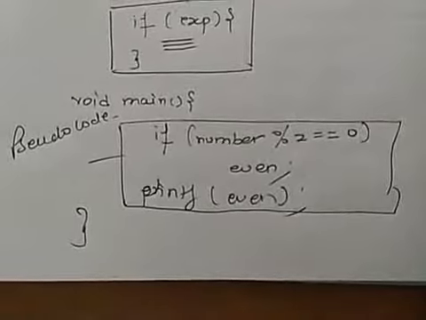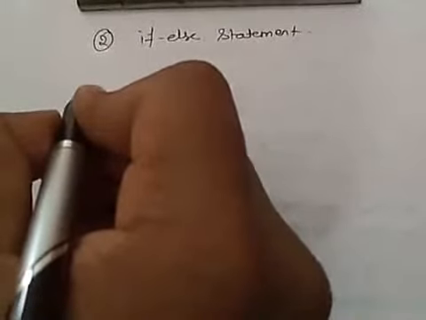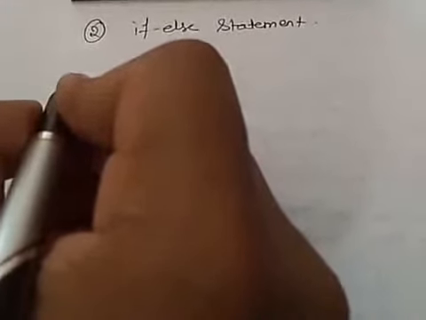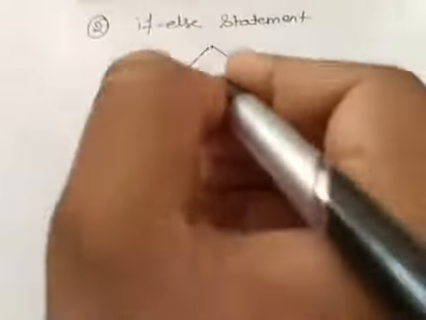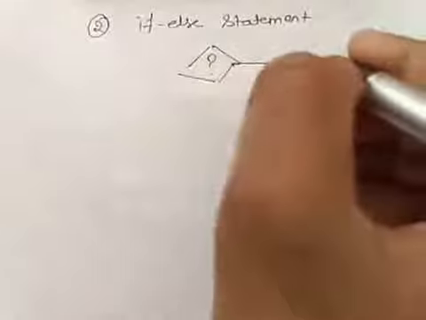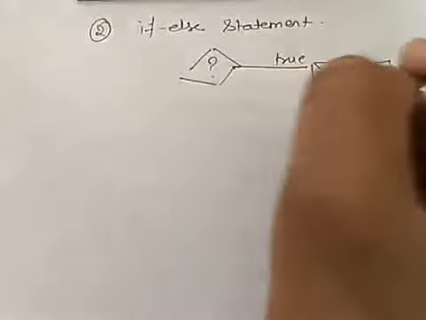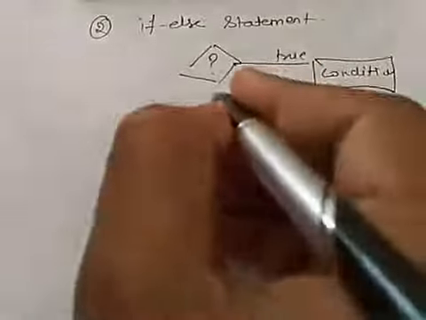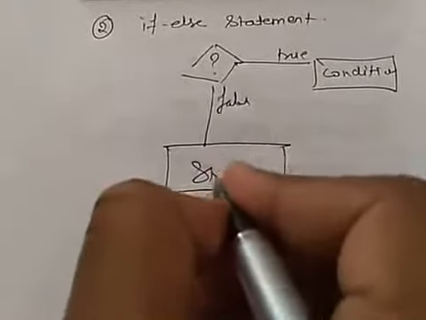Now the if-else statement. Now in this we have a single statement where we can perform two operations. For example, if the condition is true, you can choose the statement 1, and if it is false we can go for another statement.